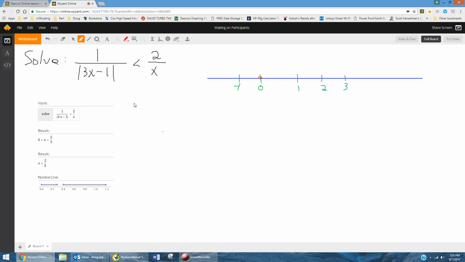It's also the case that if 3x minus 1 equals 0, we'll have a problem. And that happens when x equals 1/3.